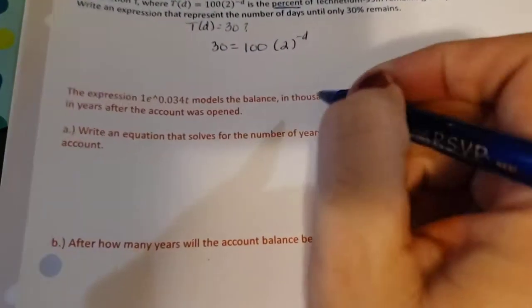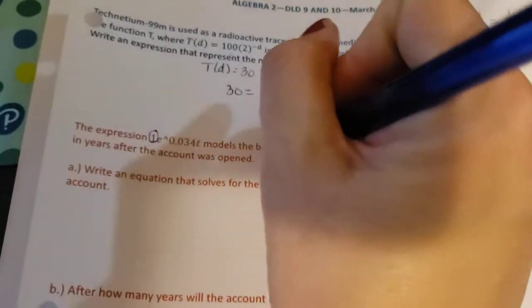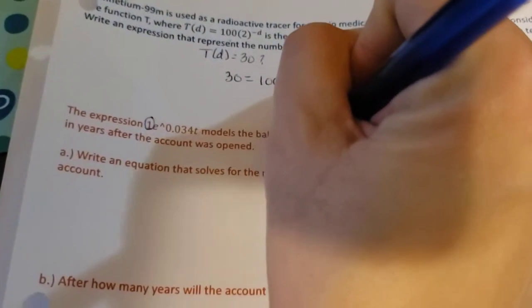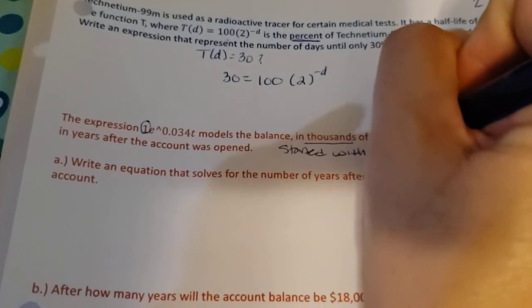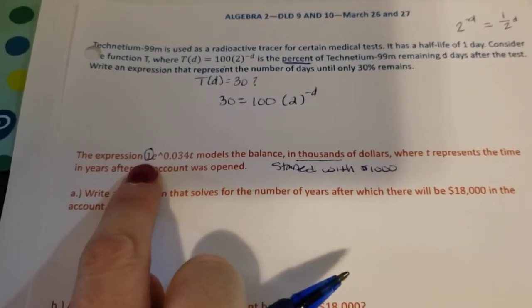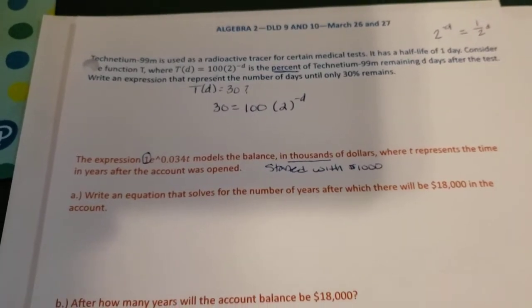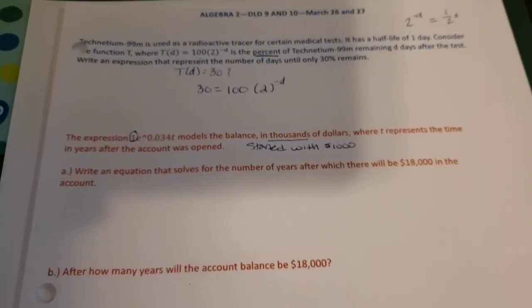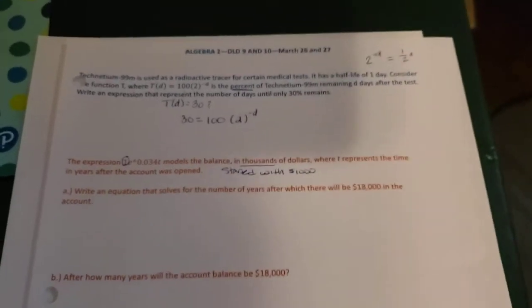So if this is in thousands of dollars and this is my starting amount, that's my P, we started with $1,000, because this is literally 1,000.